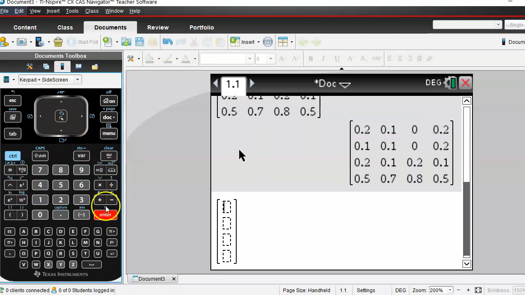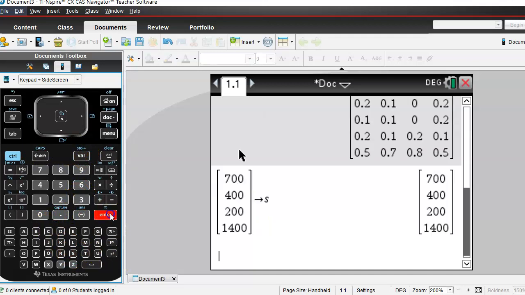So this was 700, 400, 200, and 1400. And again, I will assign that to a variable because we're using it again and again and again.